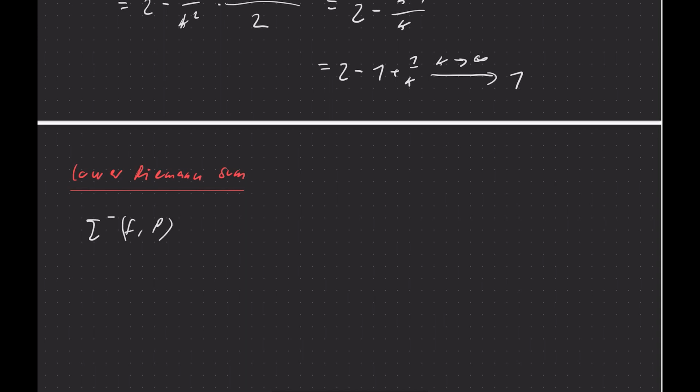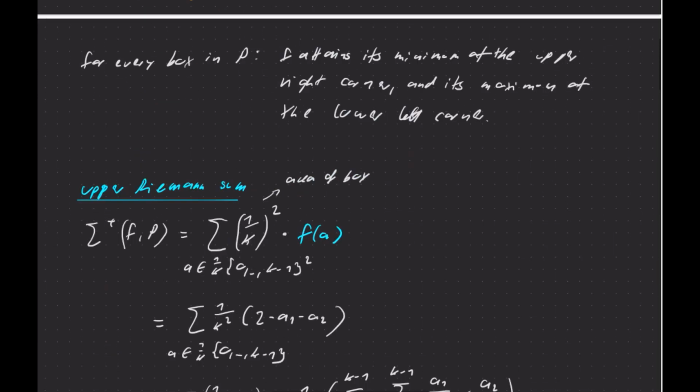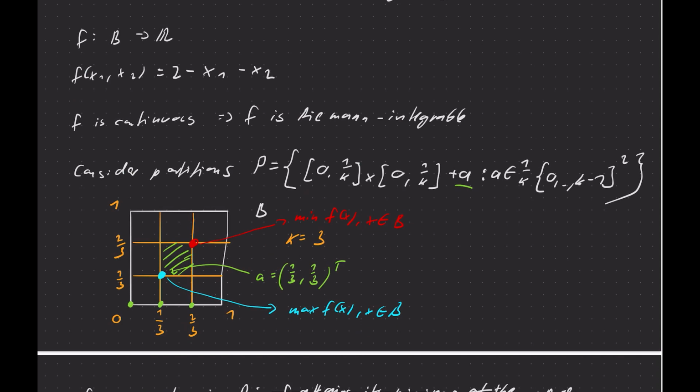The idea is precisely the same. We'll sum up over all a in 1 over k. This time, scroll back a little, this time we need this upper right corner instead of the lower left corner.